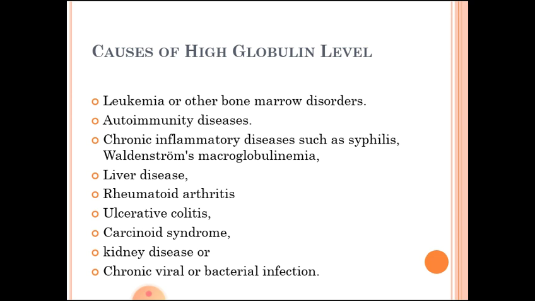So high globulin, more than 3.5 gram per deciliter, is caused by leukemia, which gives more immunoglobulins, or other bone marrow disorders, autoimmune disease, chronic inflammatory disease such as syphilis, Waldenstrom macroglobulinemia, liver disease, rheumatoid arthritis, ulcerative colitis, carcinoid syndrome, kidney disease, or chronic viral or bacterial infection. All these causes can increase the plasma globulin.